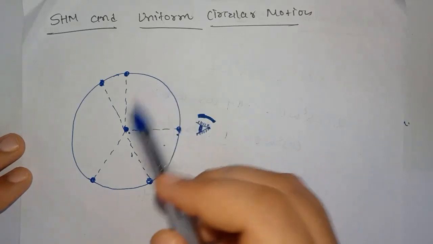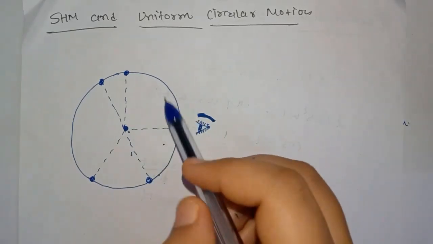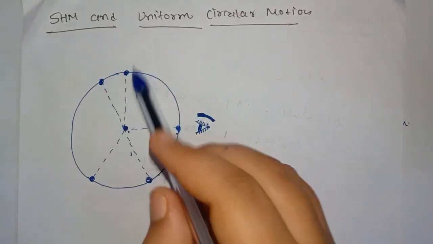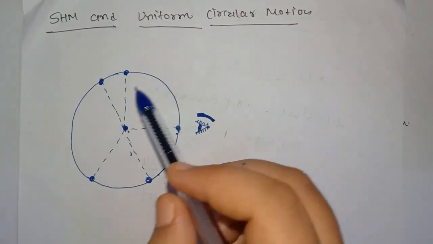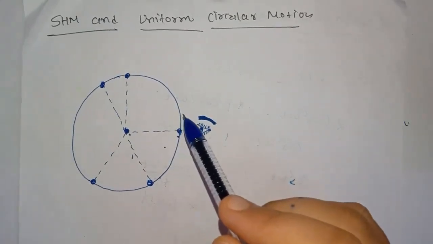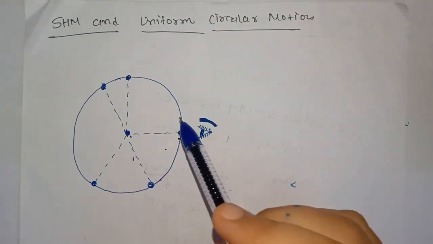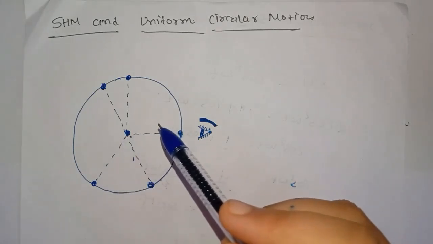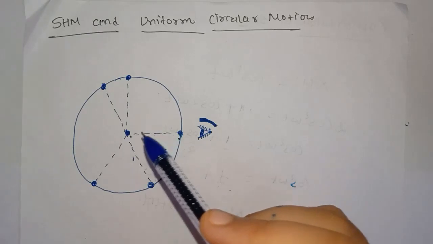It is kept vertical and an insect is crawling over its rim. Now, due to sunlight, there will be a shadow of this ring with the insect on the ground.